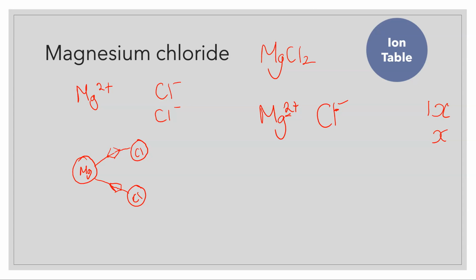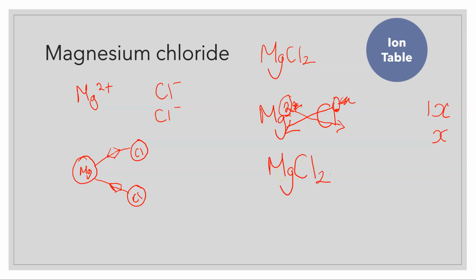So what happens is you do the crossover. So this number 2 goes down behind the Cl. Okay, so it comes across and down. And this magic number 1 goes across and down there. We actually forget the charges. Okay, so it's Mg1. Remember, if there's a 1, we don't write it.